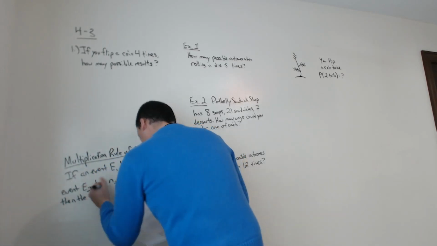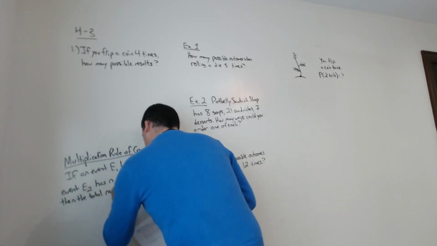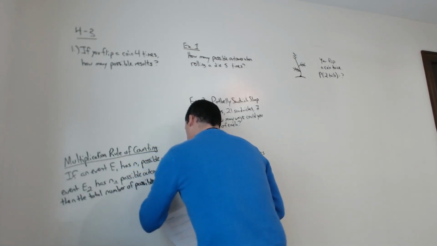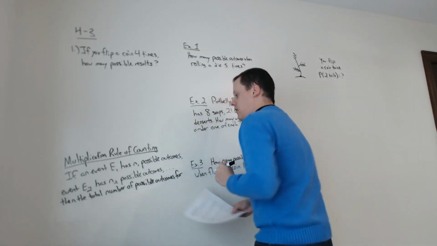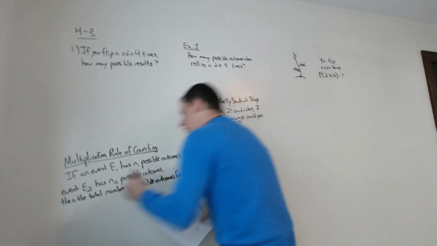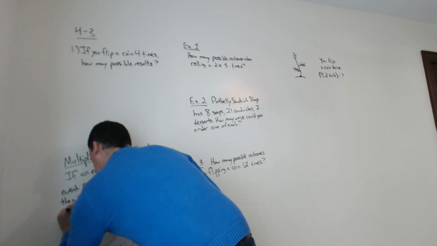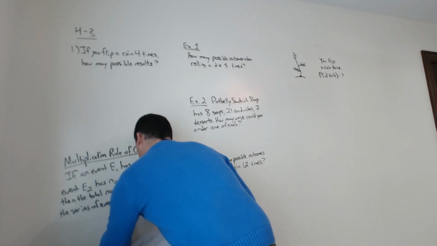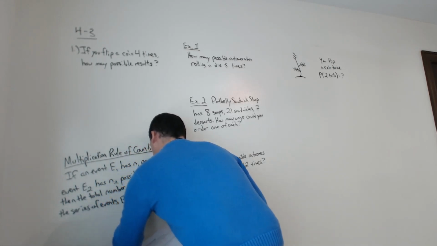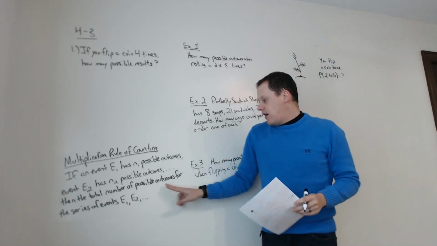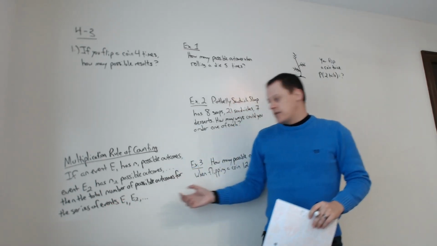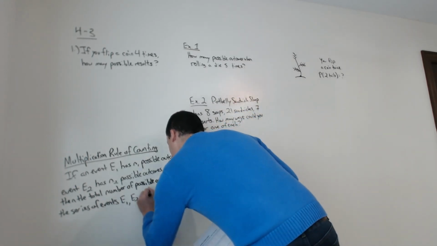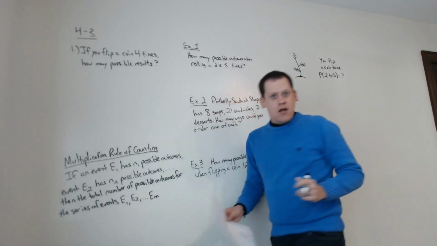Then the total number of possible outcomes for the entire series of events, event 1, event 2, all the way up to, we'll say the last one is EM.